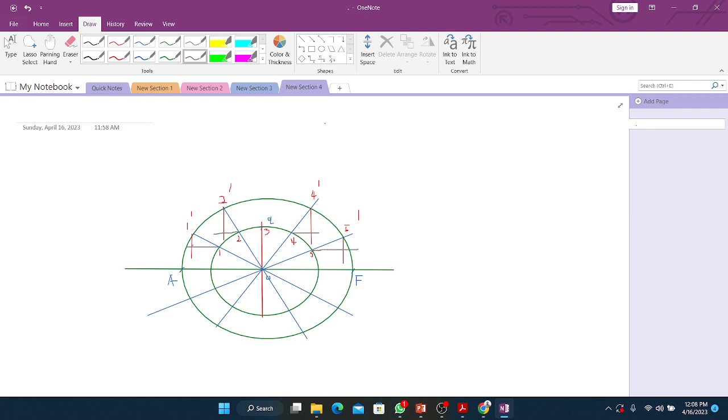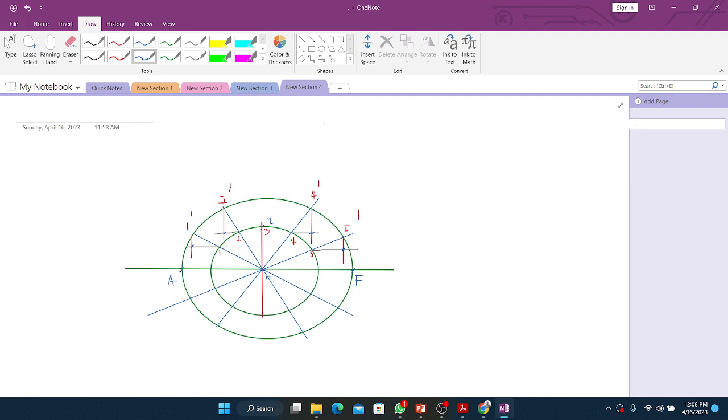Now you have those points on the ellipse, half of the ellipse shape. To draw the half of the ellipse, we have the points now. So if you want to draw that ellipse shape, these are the points. This one, and this one, and this one, and this one, and this one, and this one, and this one.